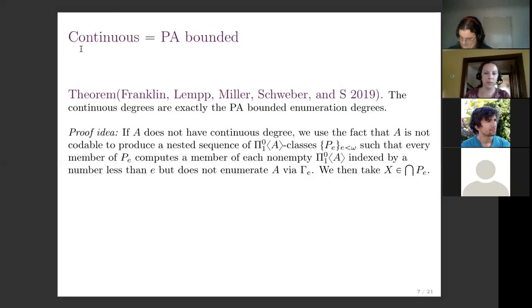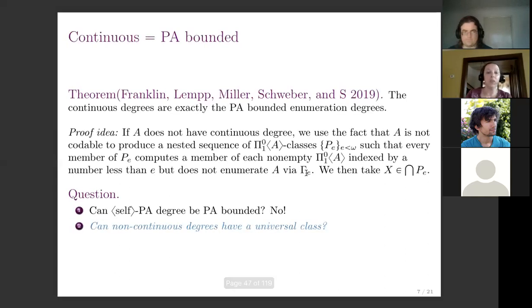So when you take the intersection, you'll get something that is PA relative to A. But also, using the fact now that A is not codable, by moving to a smaller class, we can diagonalize against the e-th enumeration operator enumerating A, so any path in the smaller class fails to enumerate A via the e-th enumeration operator.